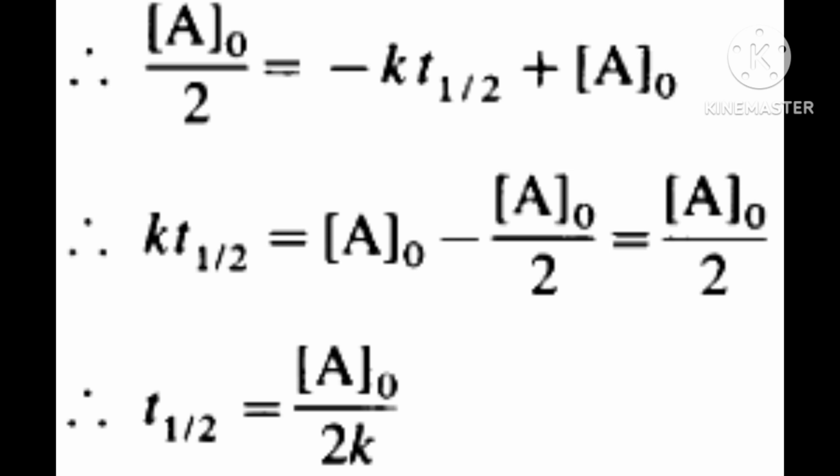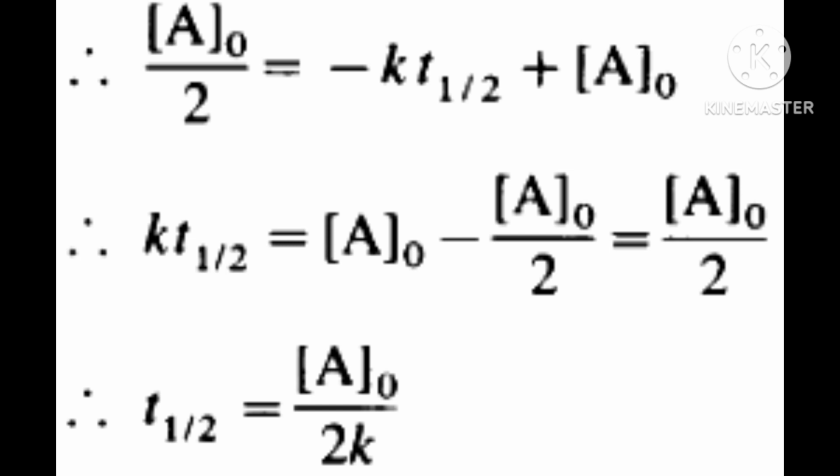With the use of T half of this reaction, the time required for completion of 99.9%, roughly 100%, you have to show that for 99.9% the time is equal to 10 times T half of this reaction. This you have to prove.